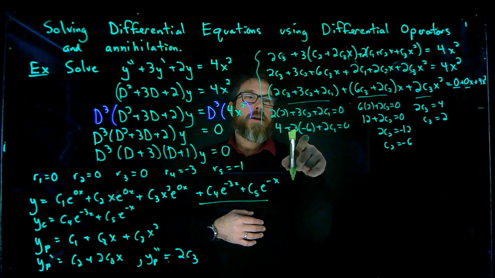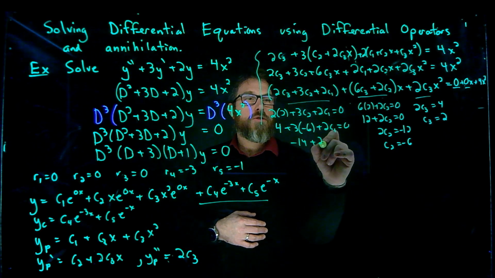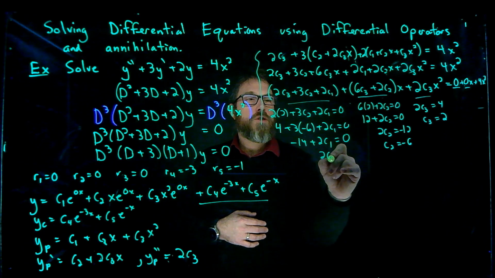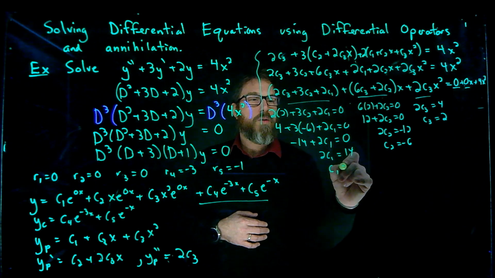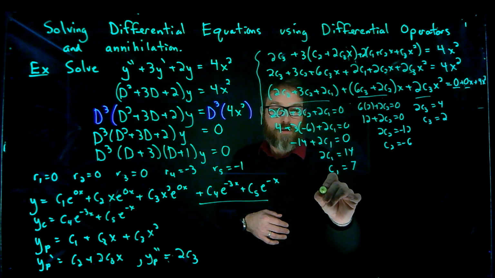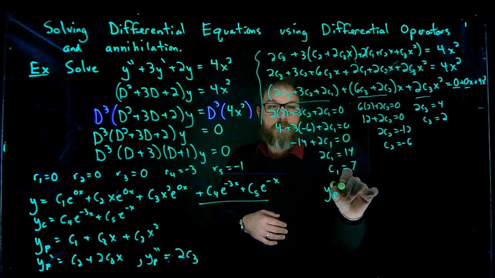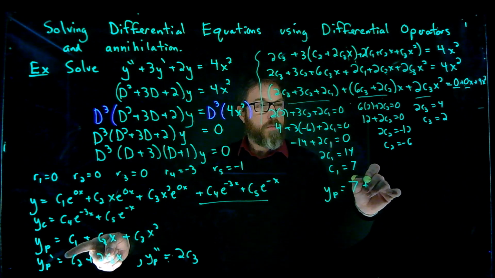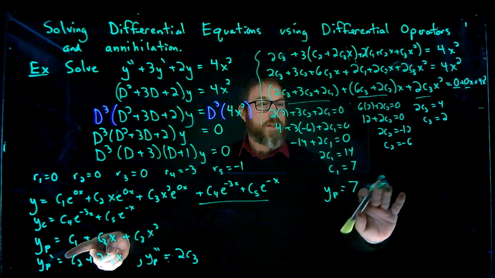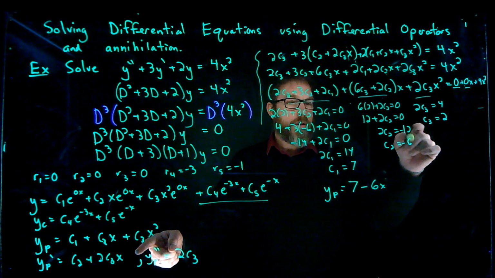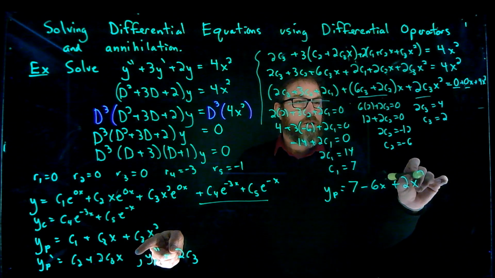So 4 minus 18, so minus 14, plus 2c1 is equal to 0, so 2c1 is equal to 14, so c1 is equal to 7. So this guarantees that our particular solution, yp, is equal to c1, which was 7, plus c2, which is negative 6x, so minus 6x, and then c3 is plus 2x squared.